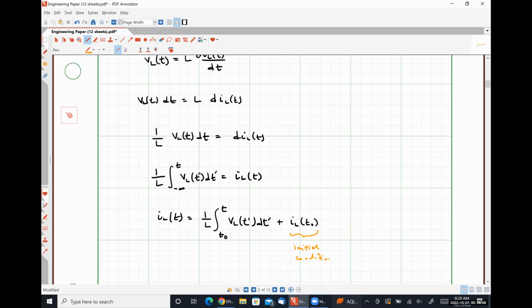So we can say to some extent that inductors exhibit memory because their current behavior depends on their past behavior. So the value of current flowing through an inductor right now depends on the amount of current that flowed through it previously, okay? So this is going to be our second equation.